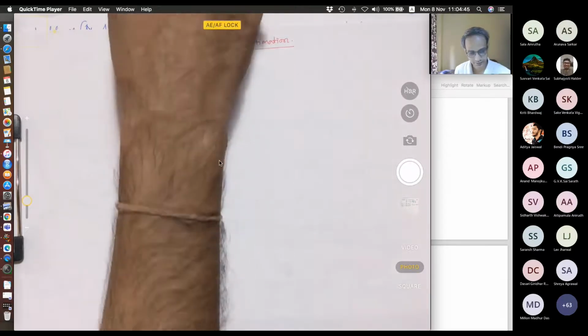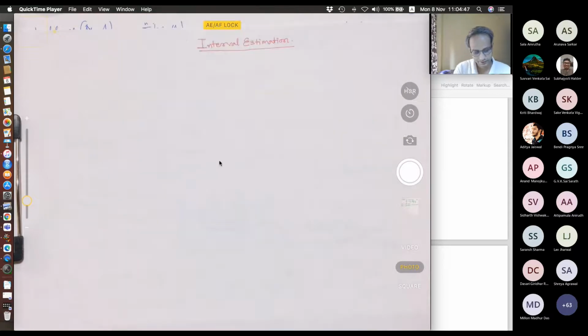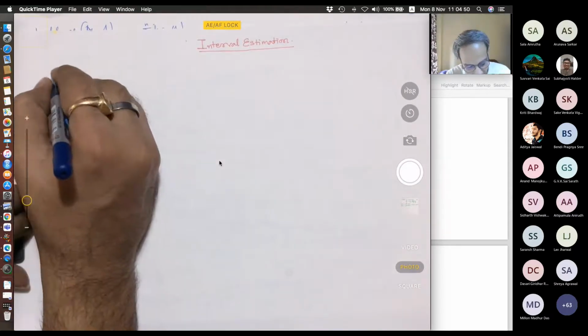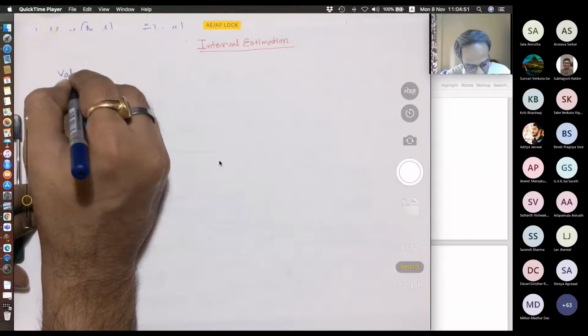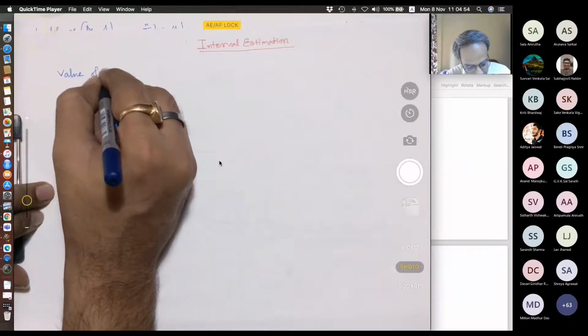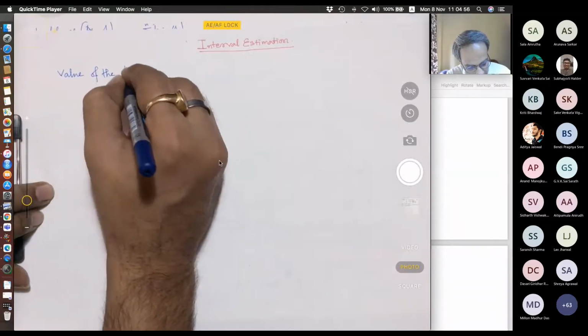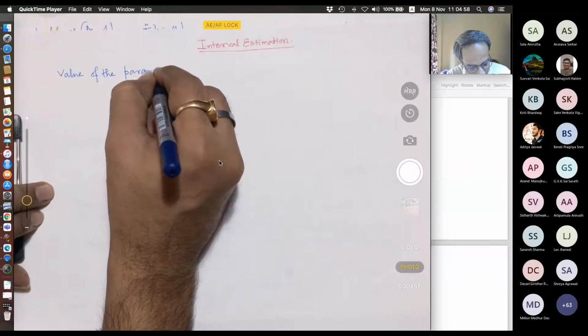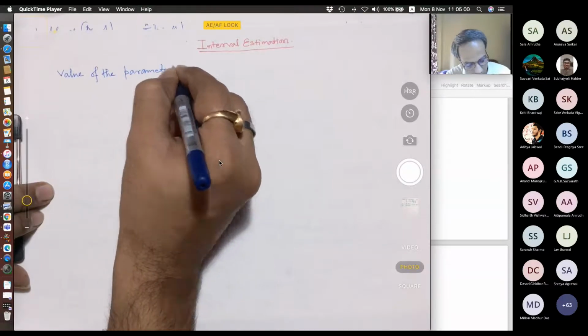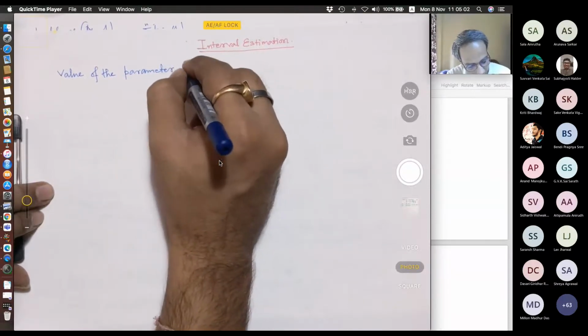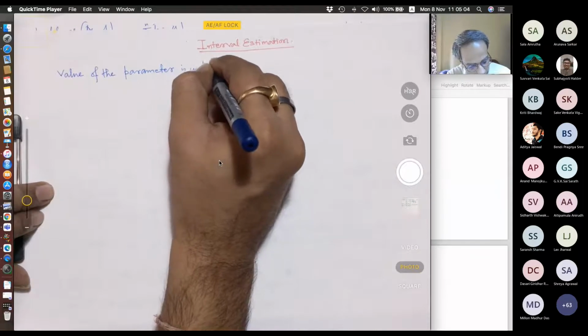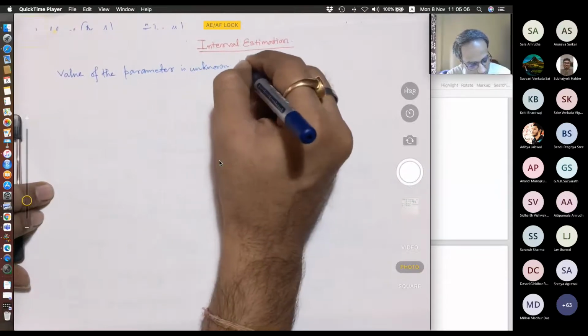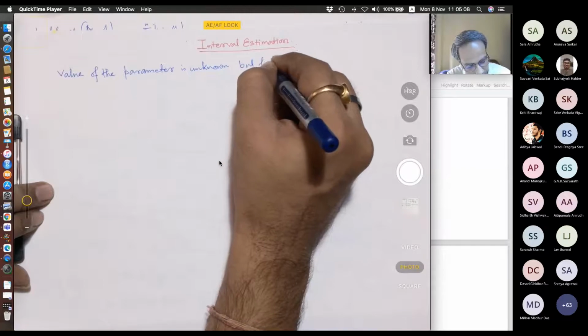So the fundamental idea is this: the value of the parameter is unknown but fixed.